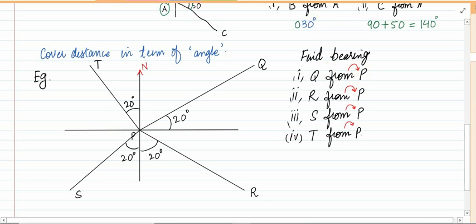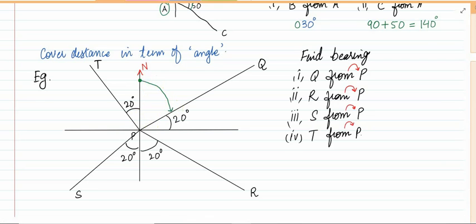It is very beneficial for you if you highlight the angle in your figure. From the north of P, you can pick any point, it's up to you. I am going to travel till I reach the line Q, like here. At this point I reached the line Q, but what degree did I cover?